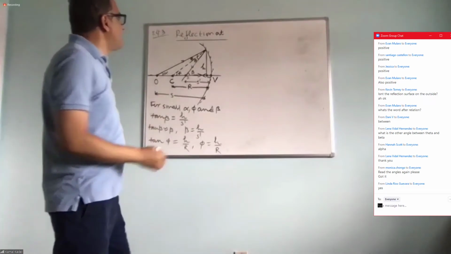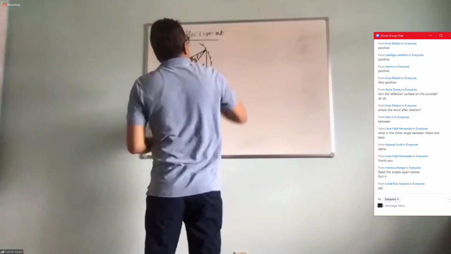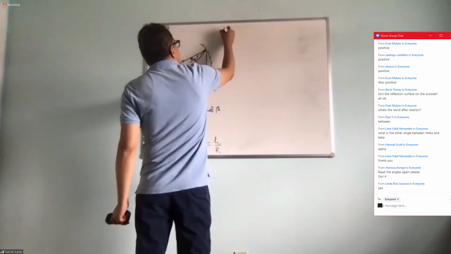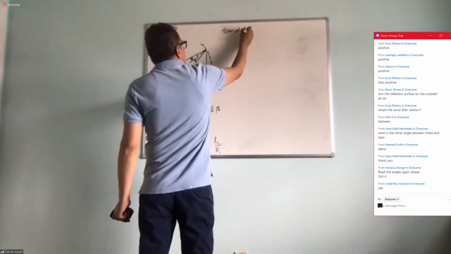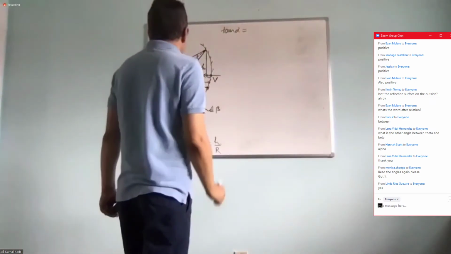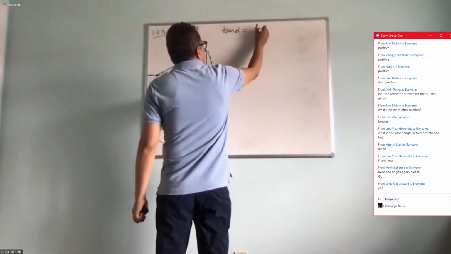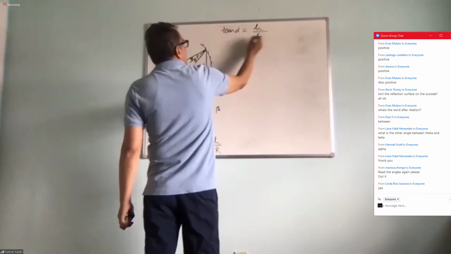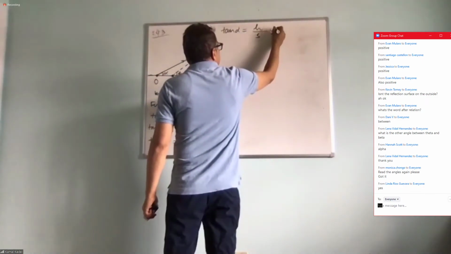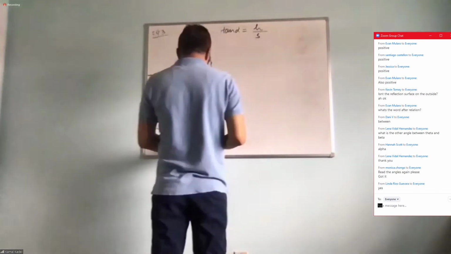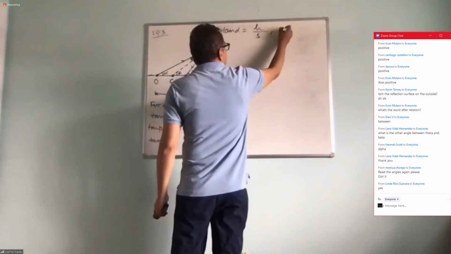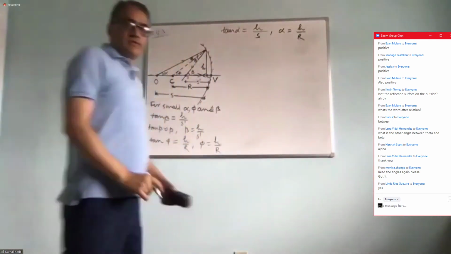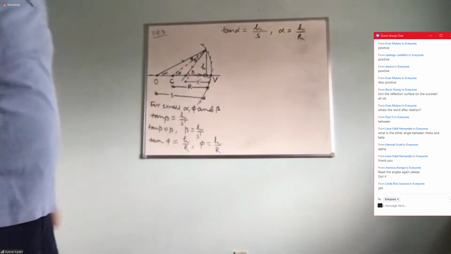For this alpha, tangent alpha equals h divided by s, and that would be similar. We can write this, right? That can be written as alpha equals h divided by s. Finish this.